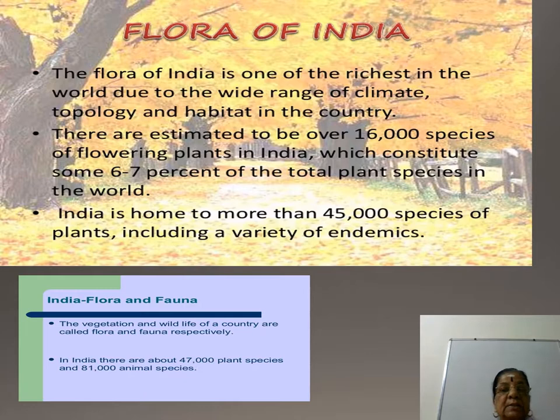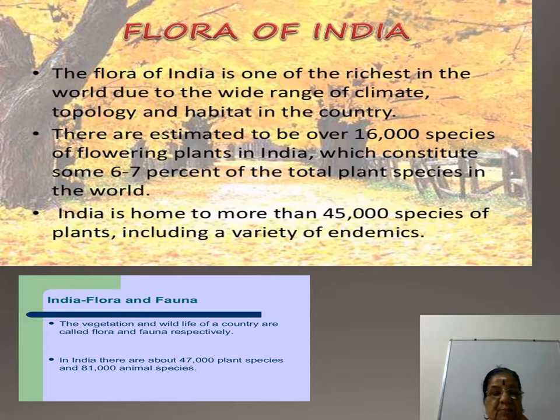Right? Then flora of India. Flora and fauna: the vegetation and wildlife of a country are called flora and fauna. In India, there are about 47,000 plant species and 81,000 animal species. This is only a rough estimate; nobody counted.